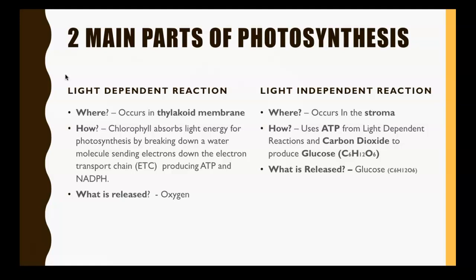ATP and NADPH are stored energy molecules that are required for the light-independent reaction, or the Calvin cycle, to occur to produce glucose, which is the main energy source for plants that they need in order to go through cell respiration to make ATP for themselves.